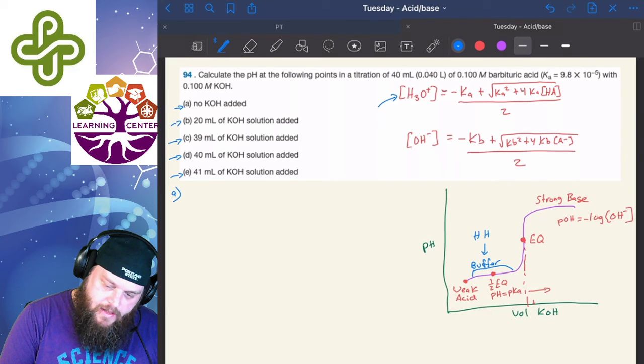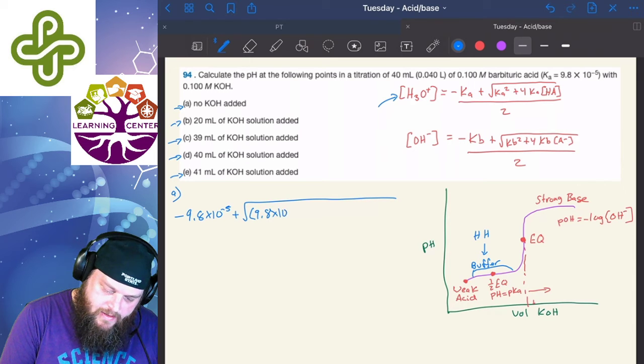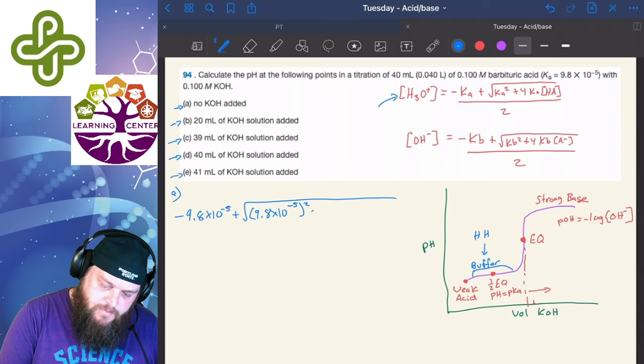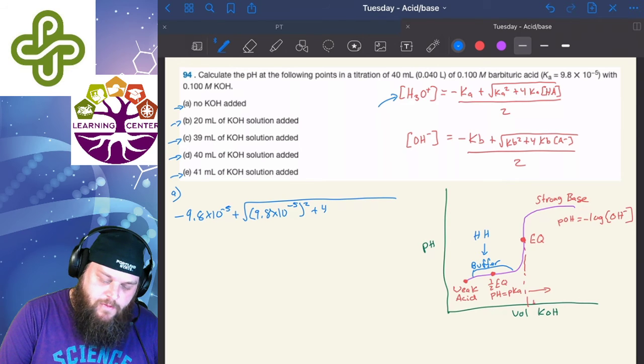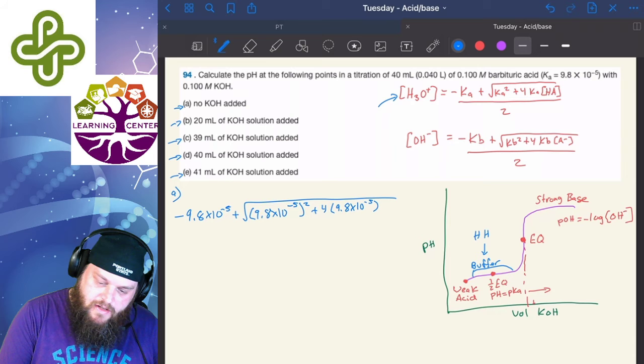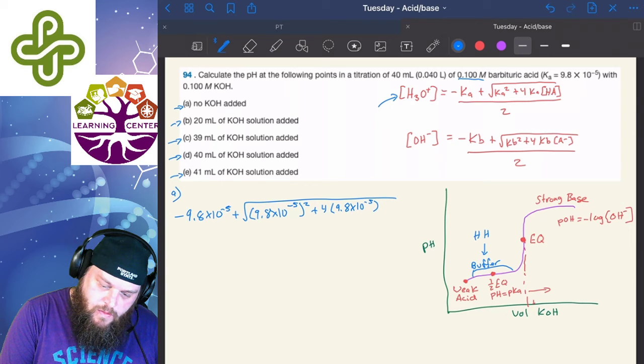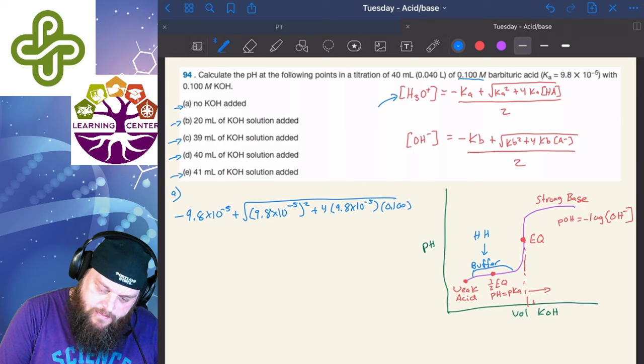And that's going to be negative 9.8 times 10 to the negative 5 plus the square root of (9.8 times 10 to the negative 5) squared, plus 4 times 9.8 times 10 to the negative 5 times the concentration of the acid, which was 0.100 molar.